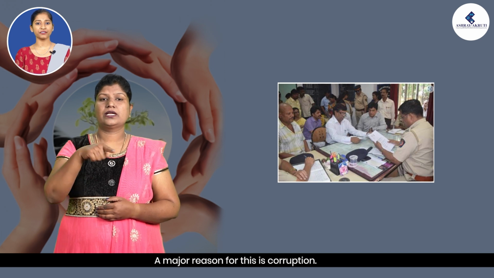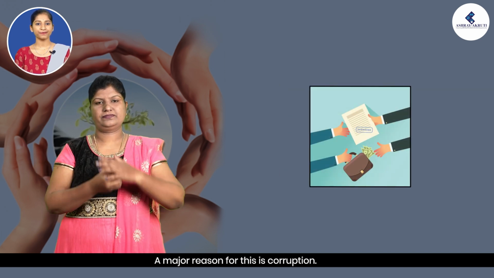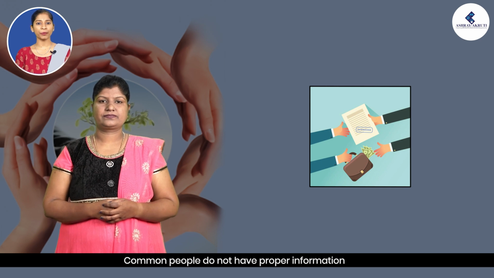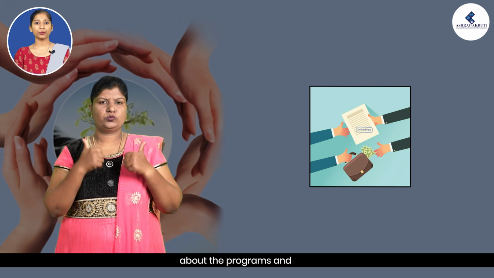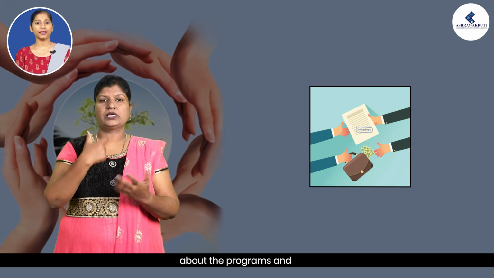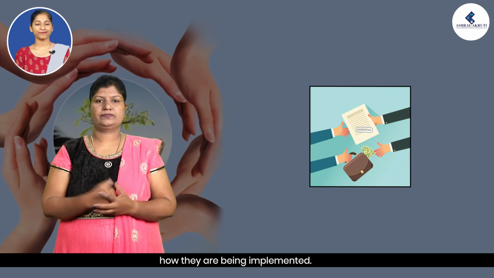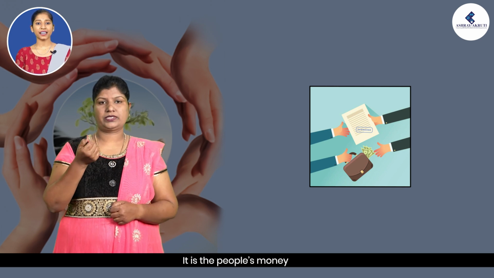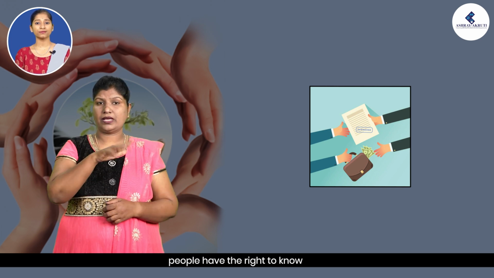A major reason for this is corruption. Common people do not have proper information about the programs and how they are being implemented. It is the people's money that is used for their welfare, and therefore people have the right to know how it is being used.